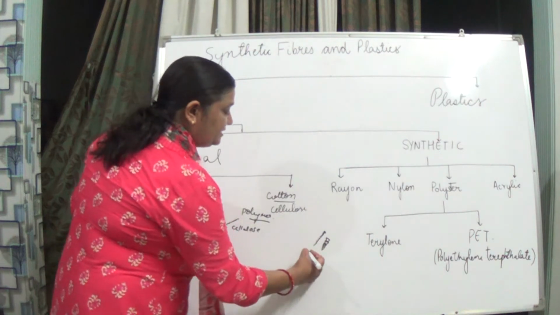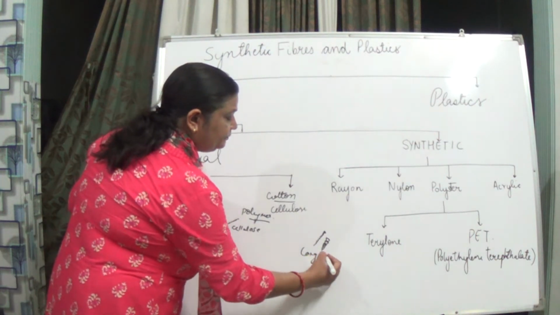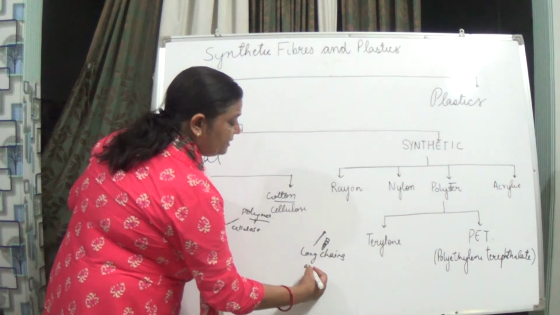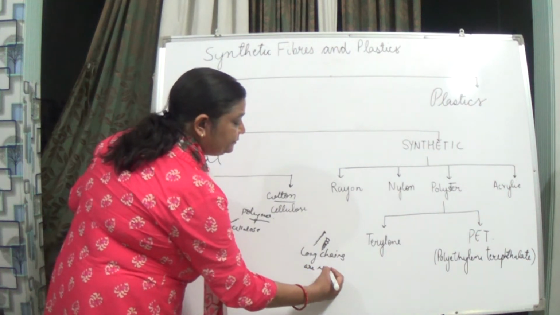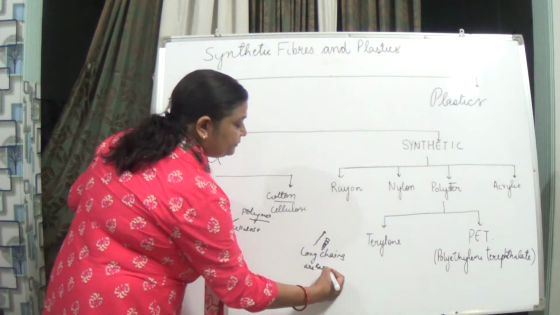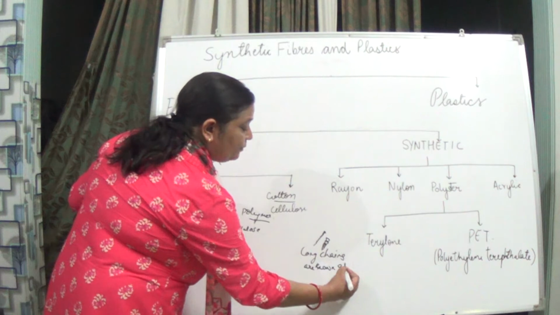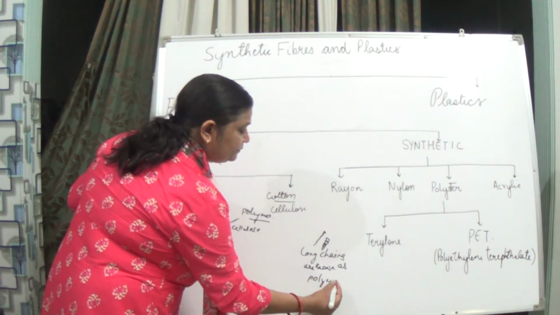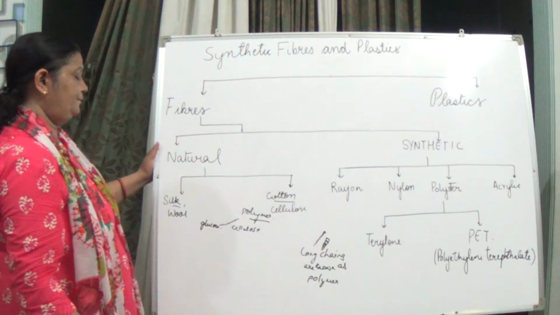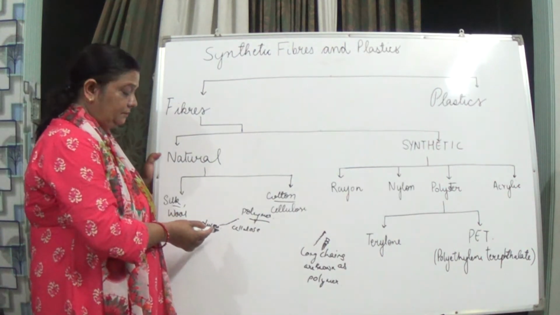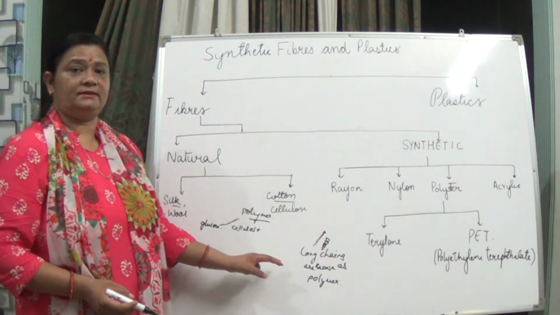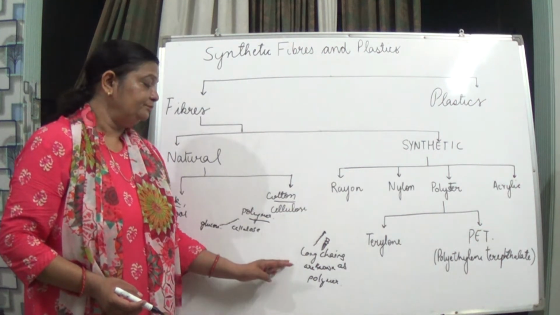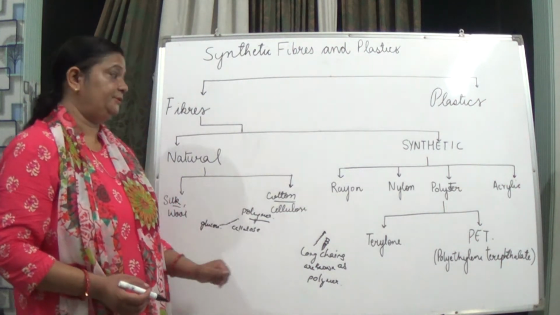These long chains are known as polymers. So you can see here the natural fiber forming long chains, and here in synthetic, the chemicals form long chains, thereby forming polymers.